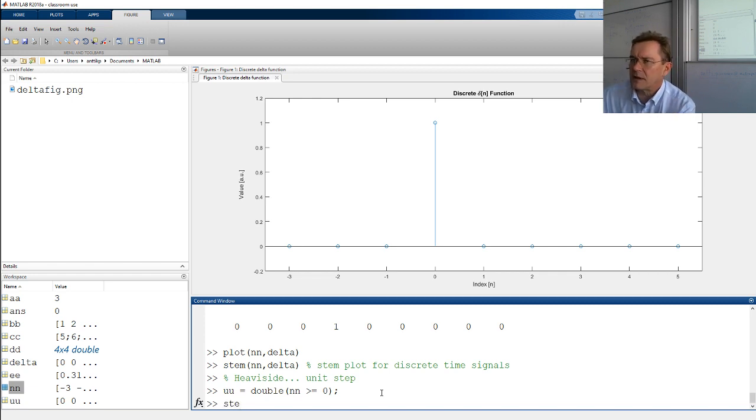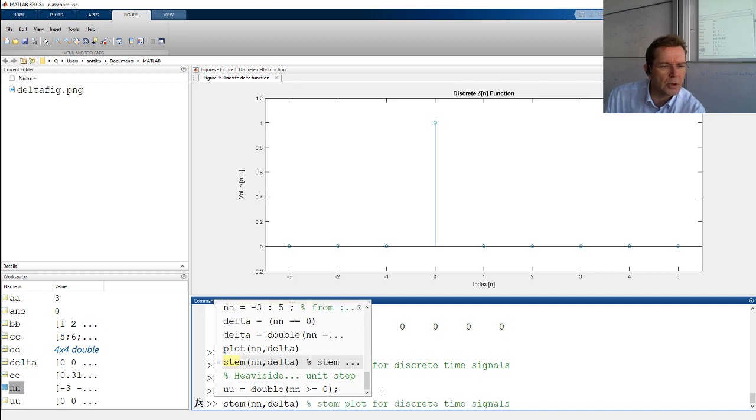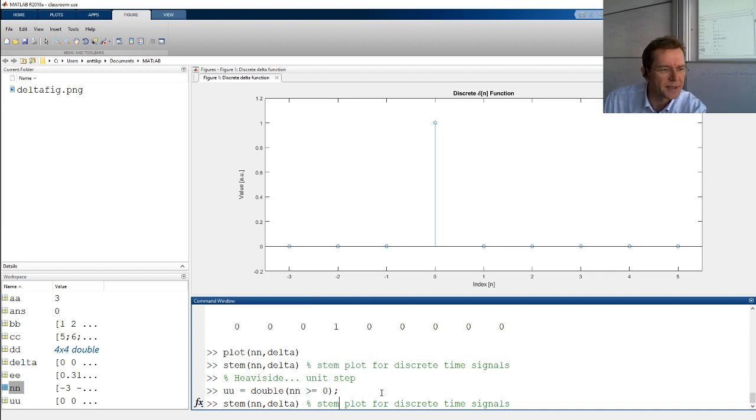By the way, the previous command, if you want, for example, a command stem something, I can just write a couple of first letters and then go with the up arrow to find my previous command, which started the same.